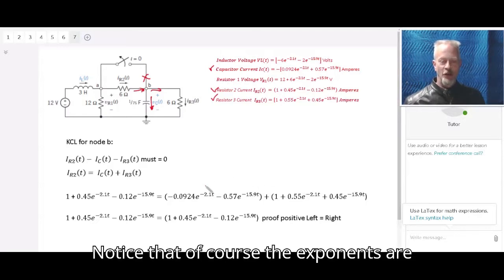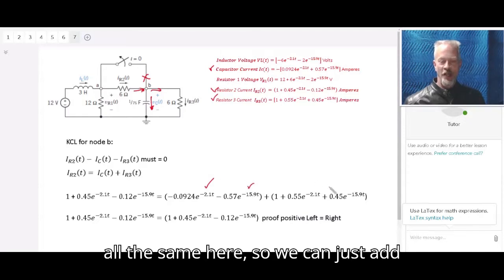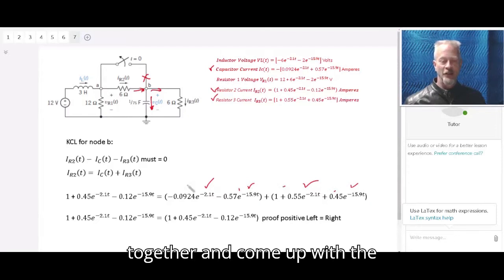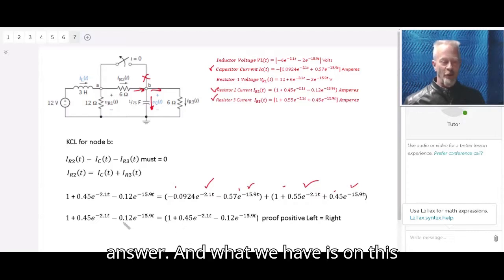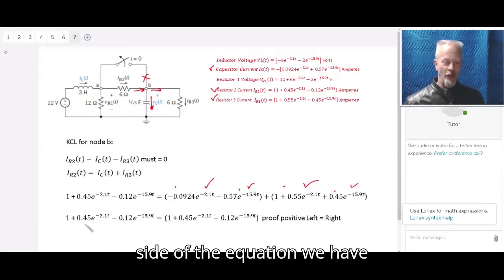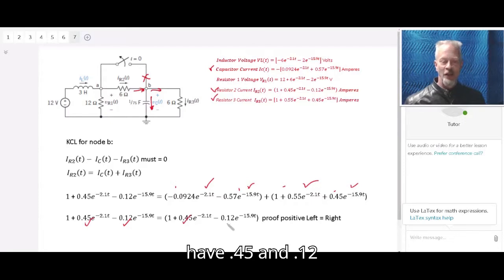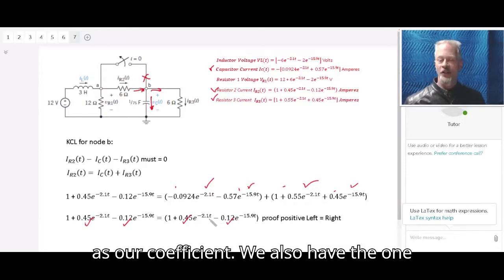Notice that, of course, the exponents are all the same here, so we can just add these two together and these two together and come up with the answer. And what we have is, on this side of the equation, 0.45 and 0.12 as our coefficients, and on this side, we have 0.45 and 0.12 as our coefficients.